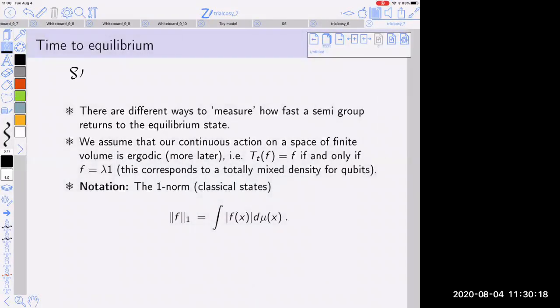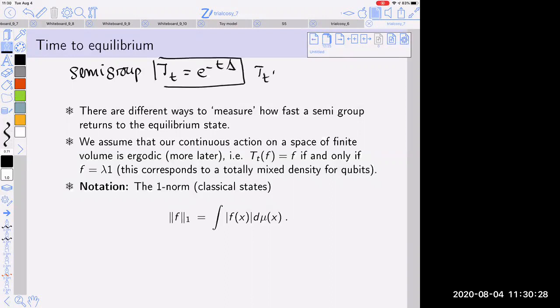The semigroup here is always T_t, and this has the property that T_t times T_s is T_{t+s}. That's the semigroup property. And then we want to measure how long it takes until the semigroup has almost brought everything back to the equilibrium state. That's the question we want to answer: time to equilibrium.